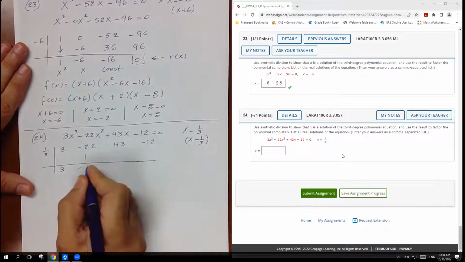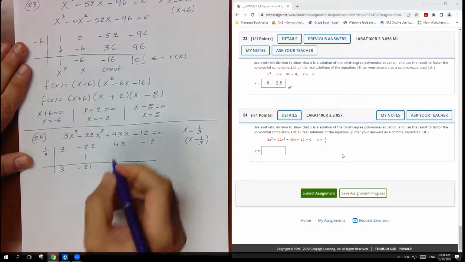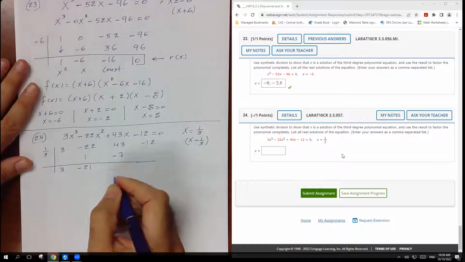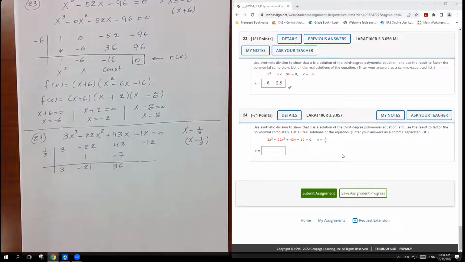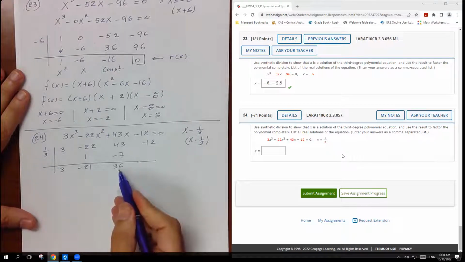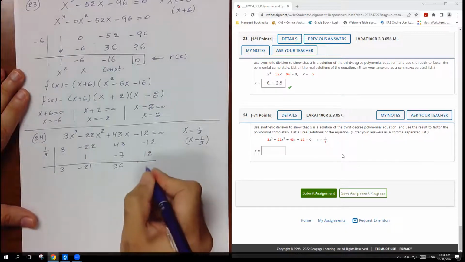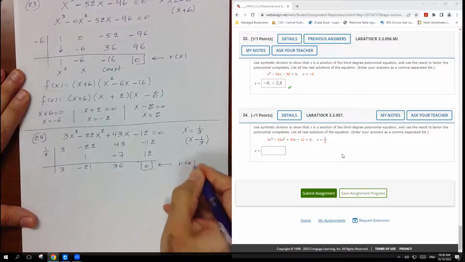Add these together is going to be -21. 1/3 times -21 is going to be -7. Add these together is going to be 36, because 43 minus 7 is going to be 36. Now 1/3 times 36 is going to be 12. Add these together is going to be 0. So the remainder is 0.